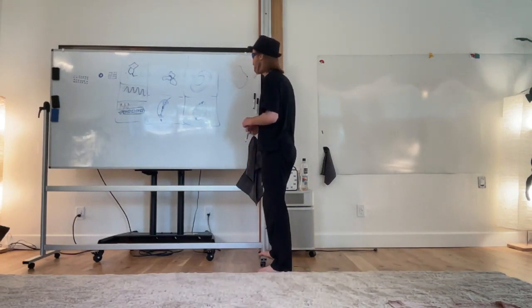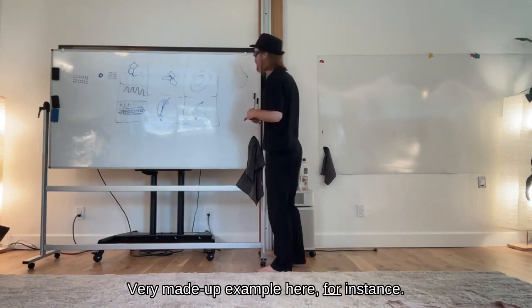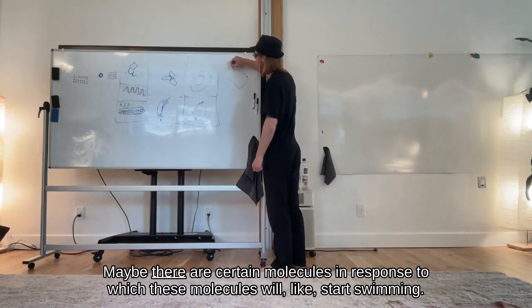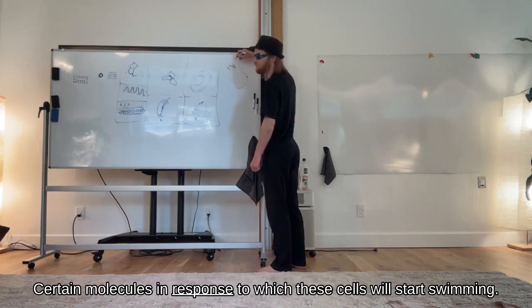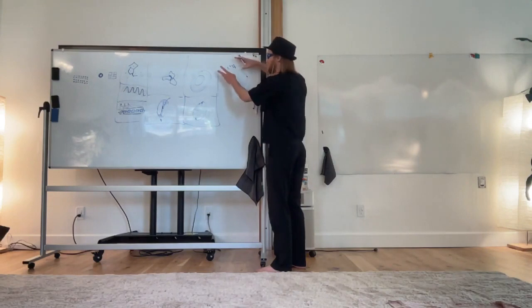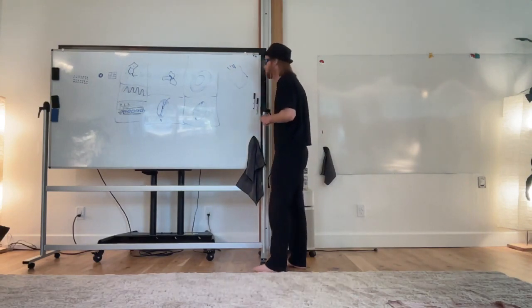Mm-hmm. So, very made up example here, for instance. Maybe there are certain molecules in response to which these cells will start swimming. So the whole thing sort of gets pushed this way, right? Okay.